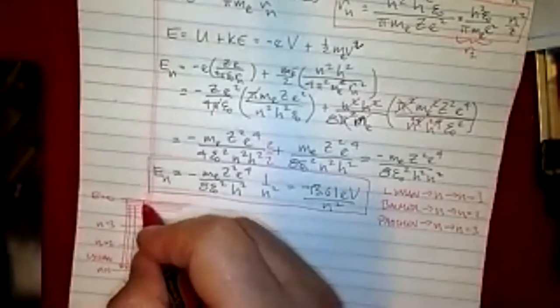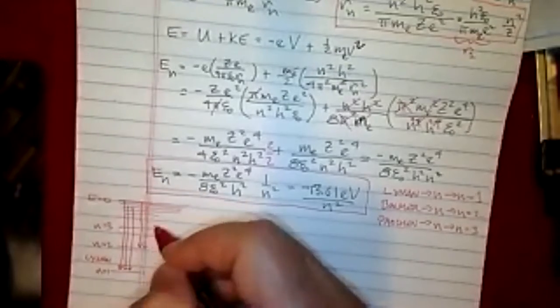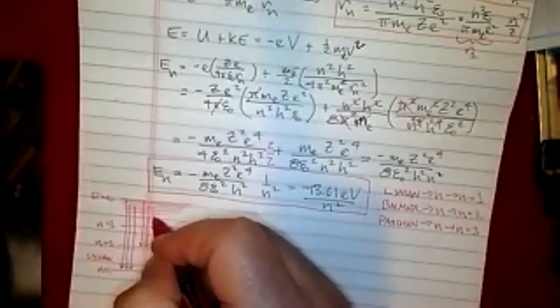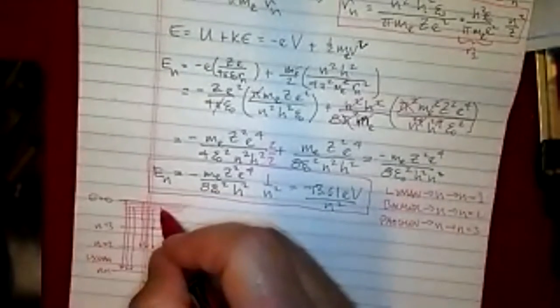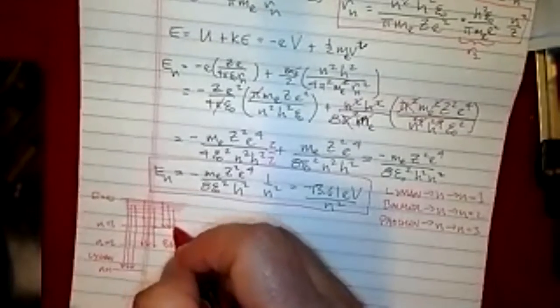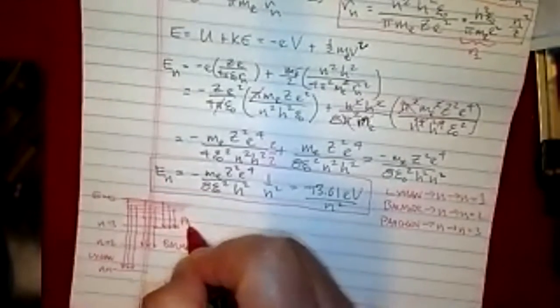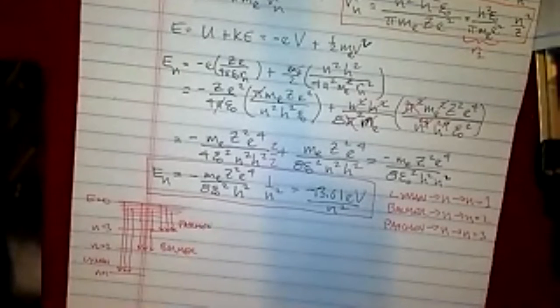All the ones that go from here to here, and so on and so forth, those are the Balmer series. And then all the ones that go from here to here to here, those are the Paschen series. So that's actually the structure of what we're looking at.